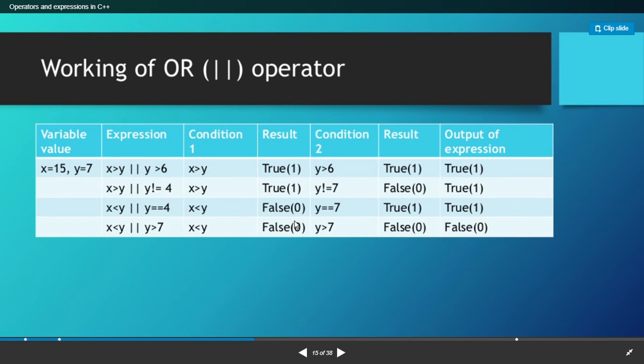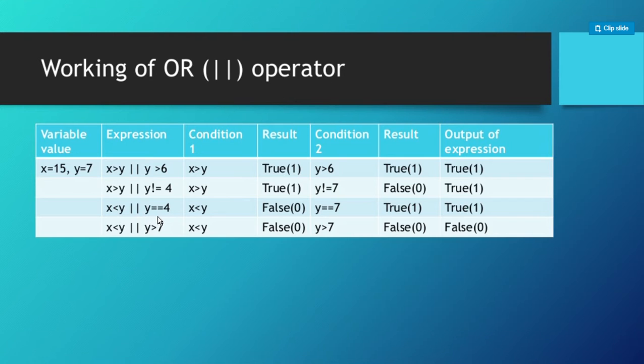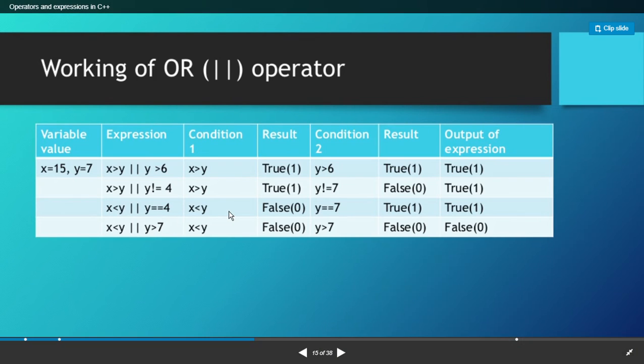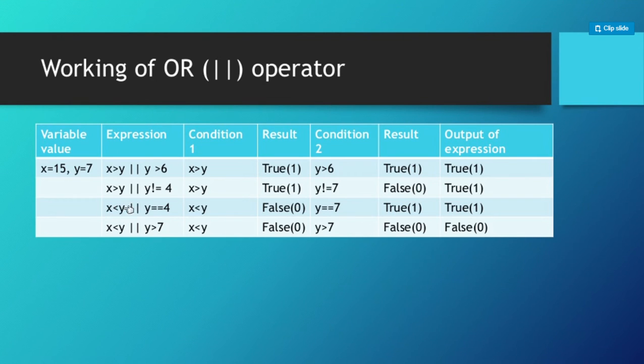If one condition is false, for example in example 3, x is less than y, logical OR operator, y is equal to 4. Here you can see condition 1, x is less than y, is false.